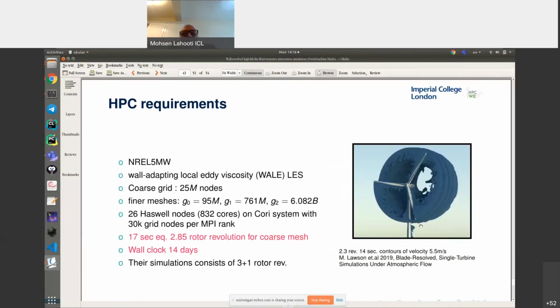I'd like to mention a similar simulation in terms of expense from NREL. They use 25 million nodes, their coarse grids, for 17 seconds of simulation using wall-modeled LES. 17 seconds of simulation, 2.85 rotor revolutions, took 14 days of wall clock with 832 cores, almost similar to the 200K core hours that we use.